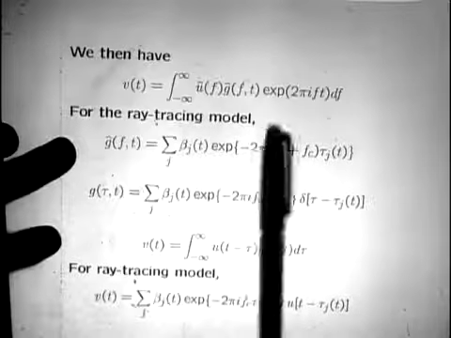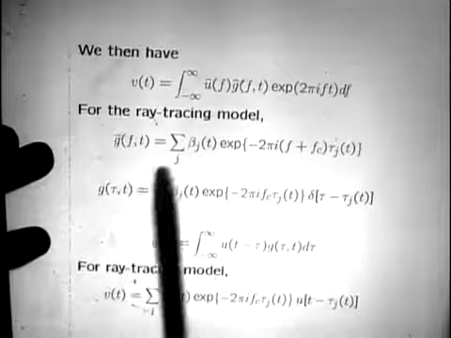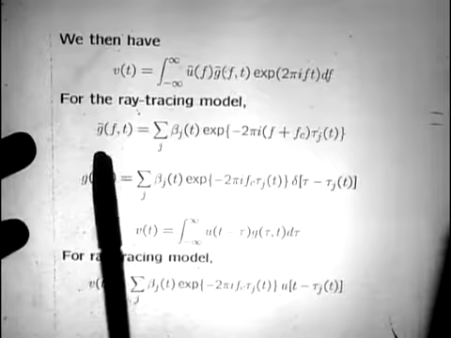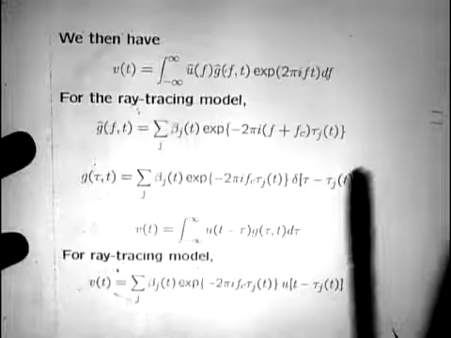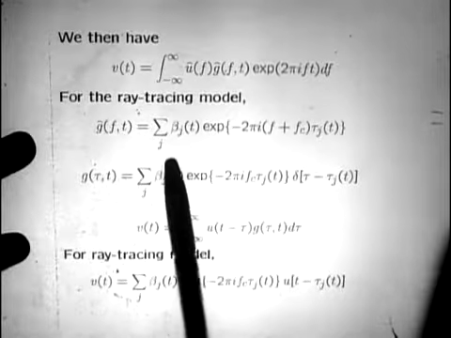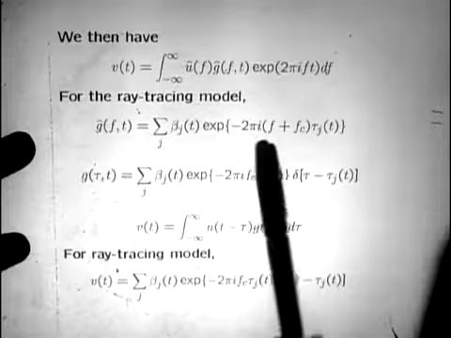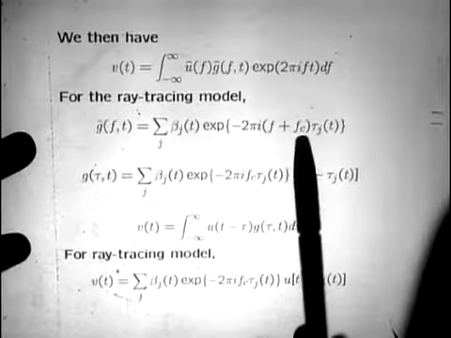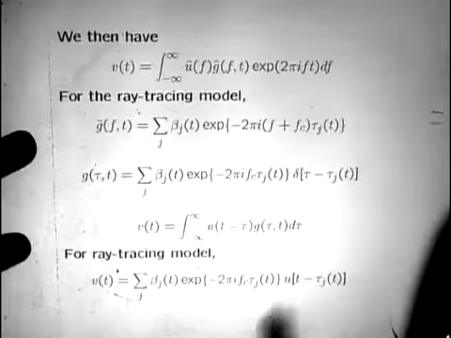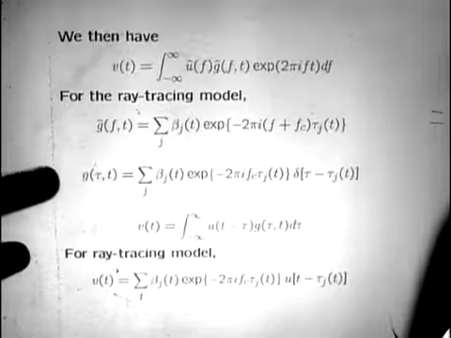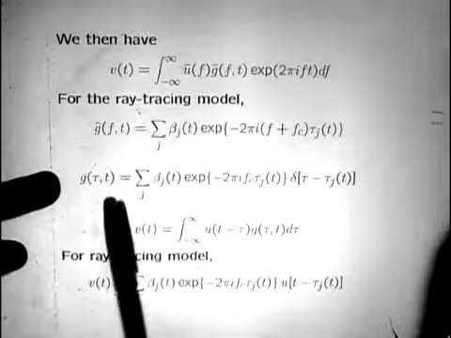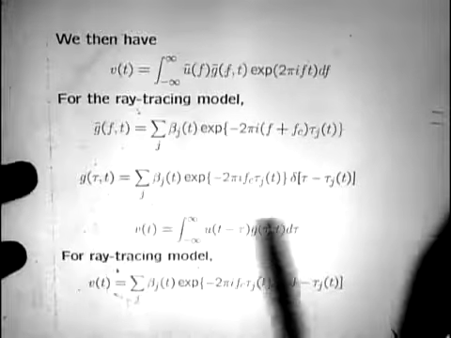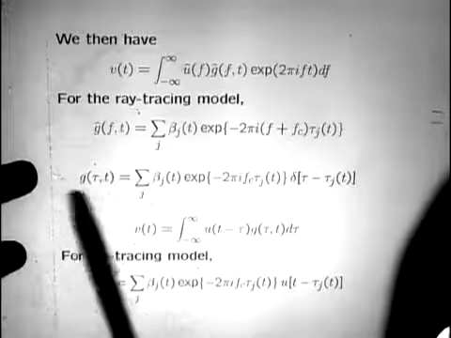For the ray tracing model that we looked at, this function down at baseband is going to be the same as it was at passband, except in place of the 2 pi i f tau j of t, we now have f plus the carrier frequency times tau j of t. So when we take the inverse Fourier transform of this for a given parameter t, what we're going to wind up with is this quantity here.